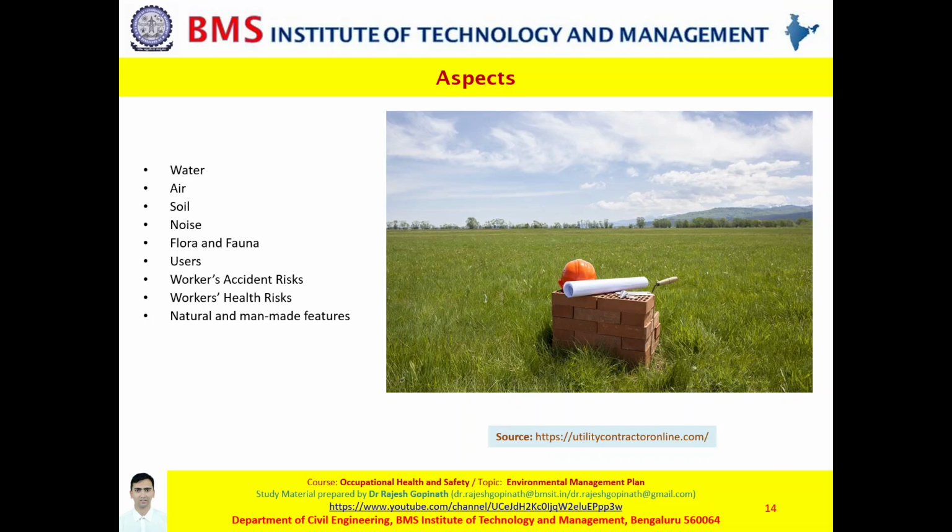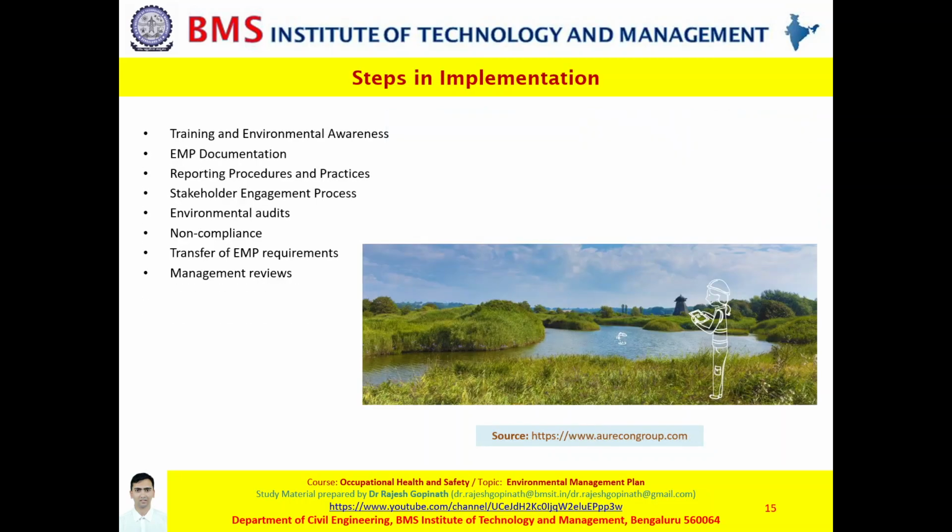All right. So what are the various steps to go about implementing your environmental management plan? Friends, first and foremost, we need to specify the requirements. When I say requirements, I am talking in the context of training and environmental awareness.